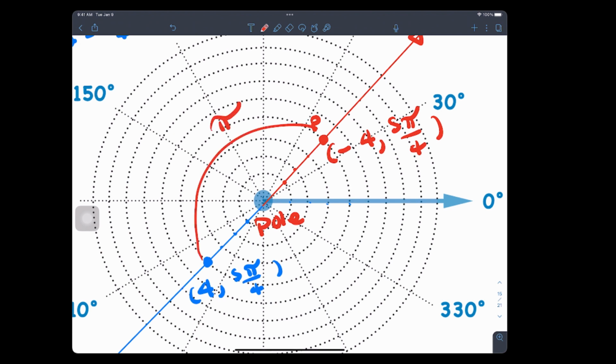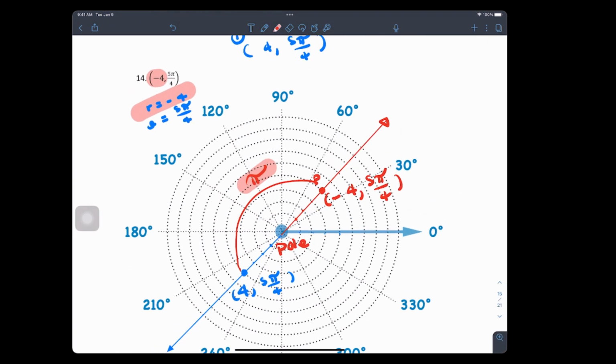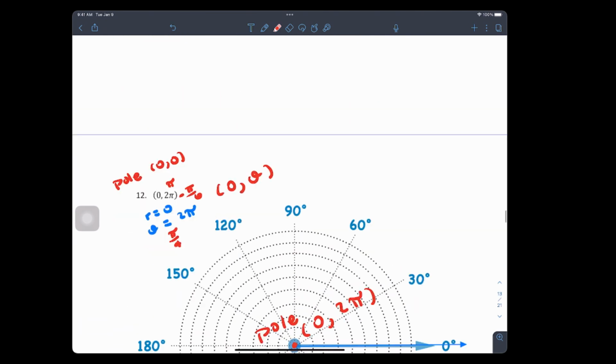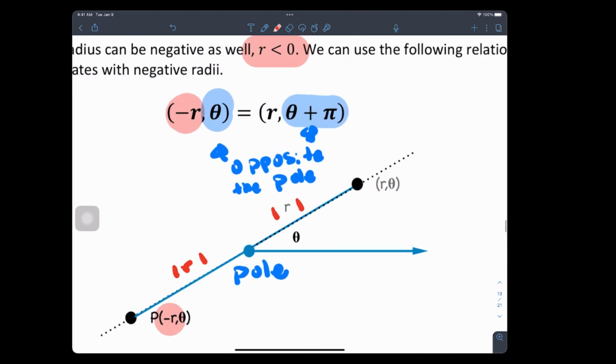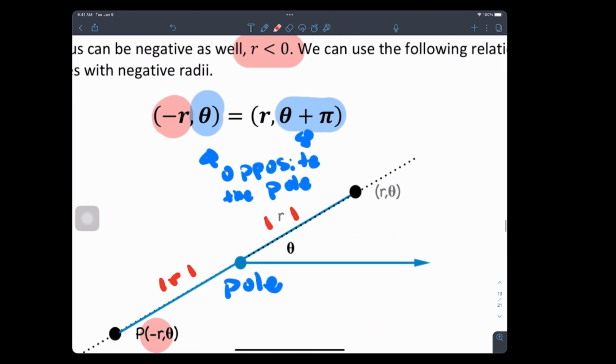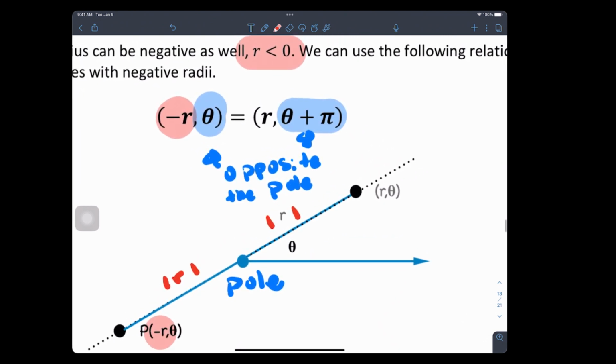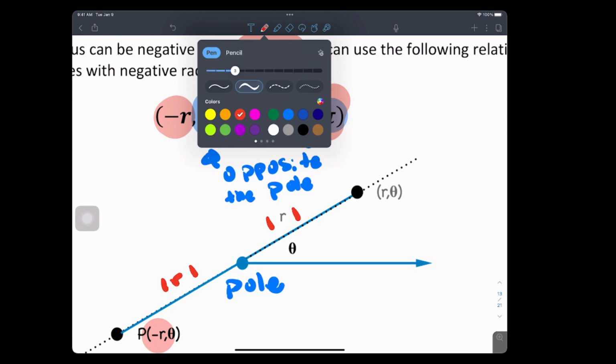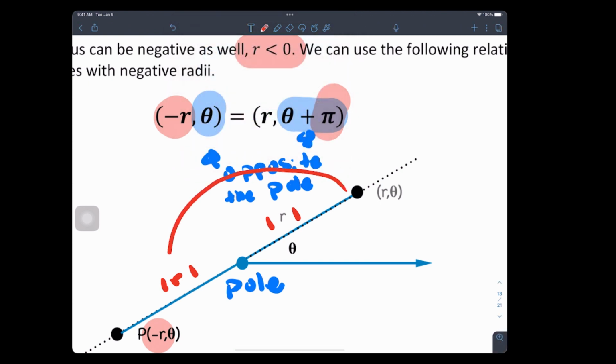This is pi. And that's why when I gave you guys that concept here for negative radius, where is it? Oh, no, here it is. Theta and theta plus pi are opposite the pole. This is that angle 180. So this here, opposite, this is going to be 180 here. Pi.